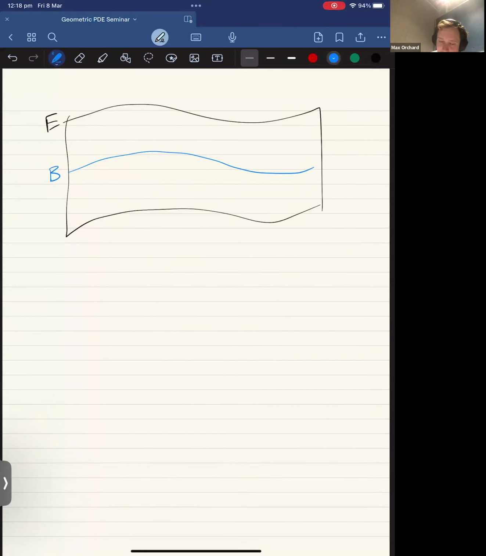And if I give you a point x on the base space, we have a map going from E to B. And if I draw some sort of line here, I'm going to denote this E sub x. This is the fiber over x. And every point on this fiber gets mapped down to x by our map pi.